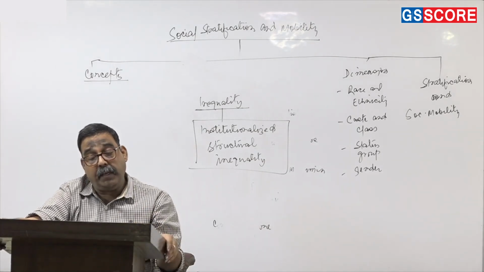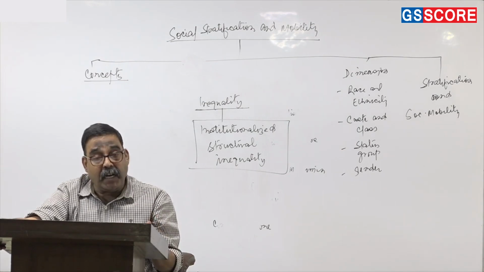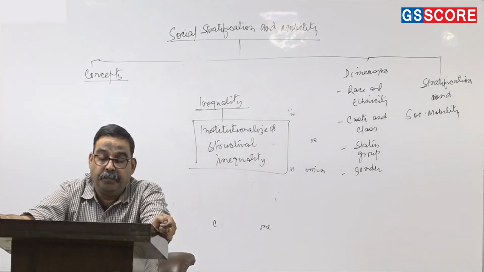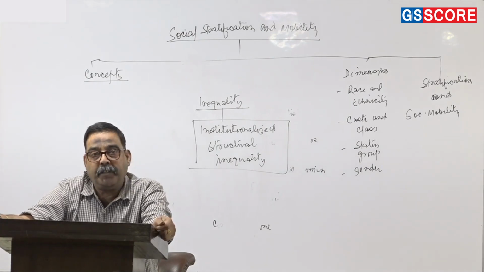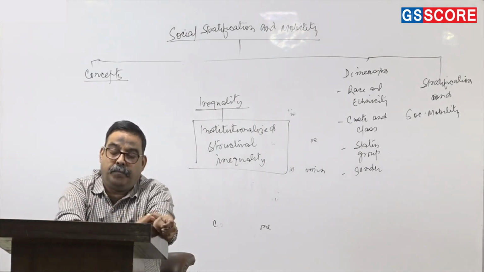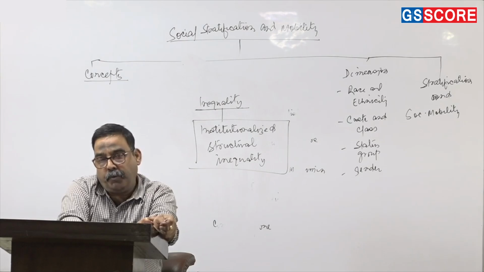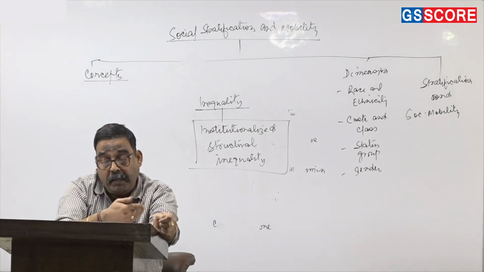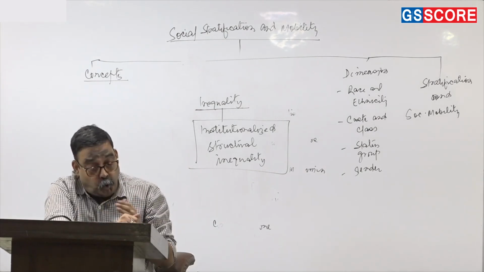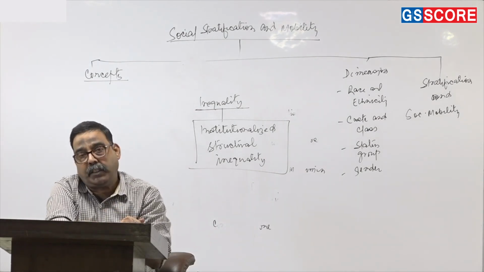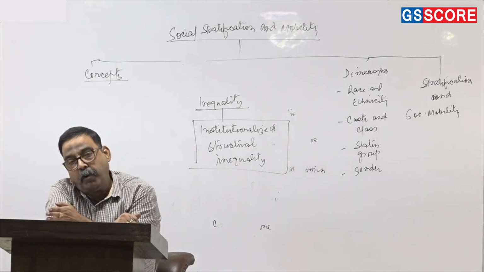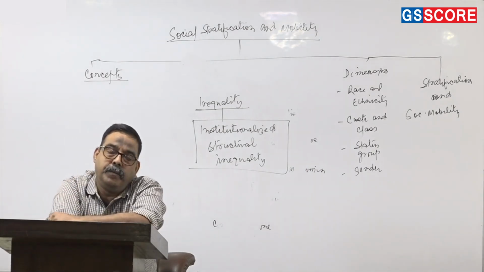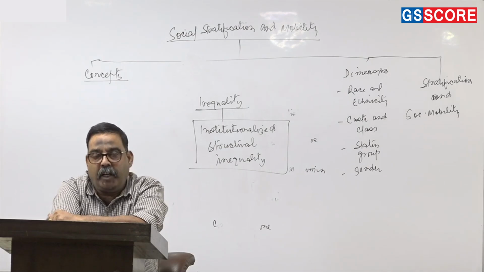And if the functionalists say that social stratification facilitates optimum functioning of society, then the conflict perspective says that it impedes the optimal functioning of society.